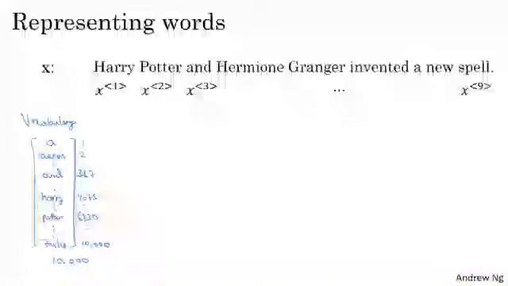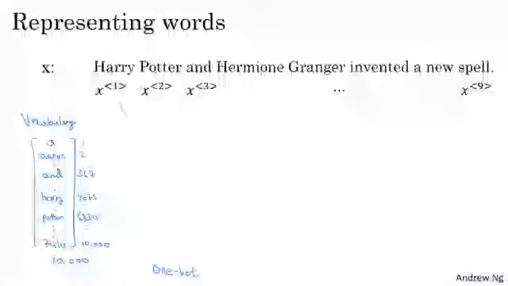So if you have chosen a dictionary of 10,000 words, one way to build this dictionary would be to look through your training sets and find the top 10,000 occurring words, or to look through some of the online dictionaries that tell you what are the most common 10,000 words in the English language, say. What you can do is then use one-hot representations to represent each of these words.